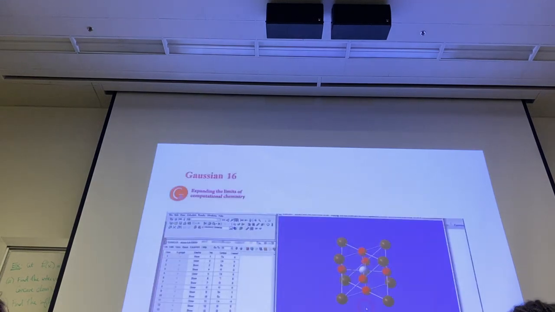Now you may have seen this, maybe you have used it already. Gaussian is one of those programs that can do that for you. It makes use of a variety of tools that have been developed over the years. Matrix diagonalization is part of it, but there are other tools that theoretical chemists have developed. It's a commercial package and it's pretty good.